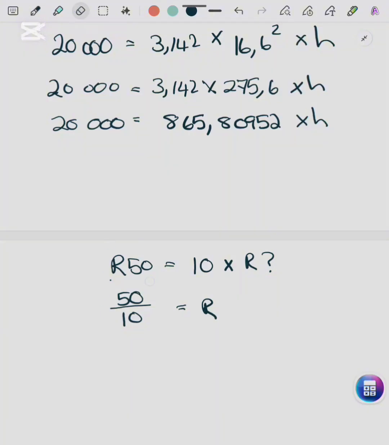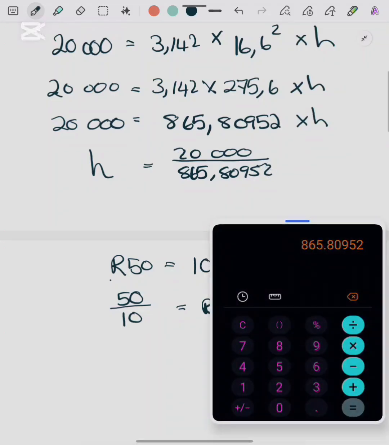So all we're going to do here is say, well, my height then should be, if I divide 20,000 by 865,80952. And remember, we don't clear things on our calculators when you're in the middle of a calculation.